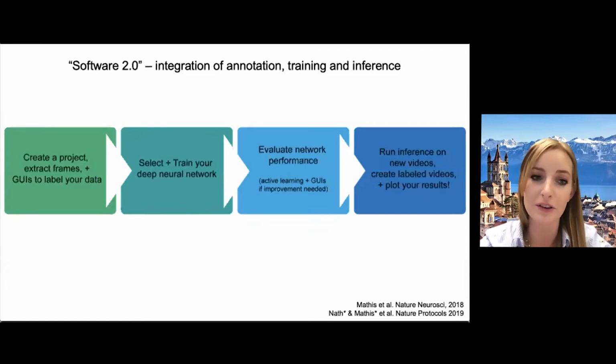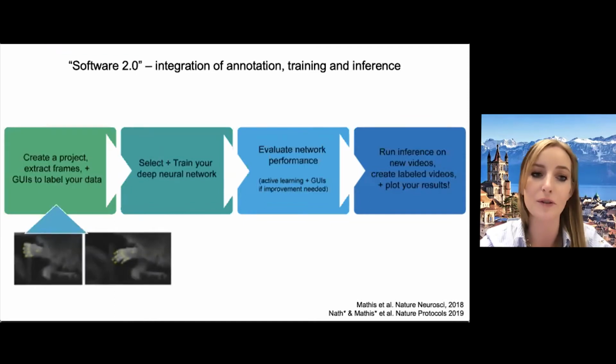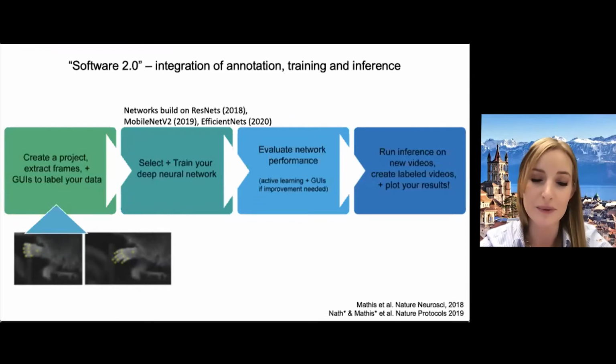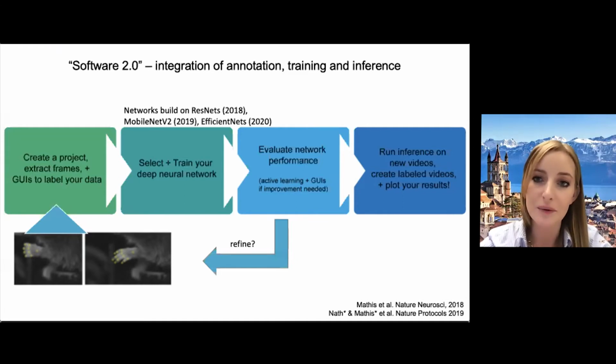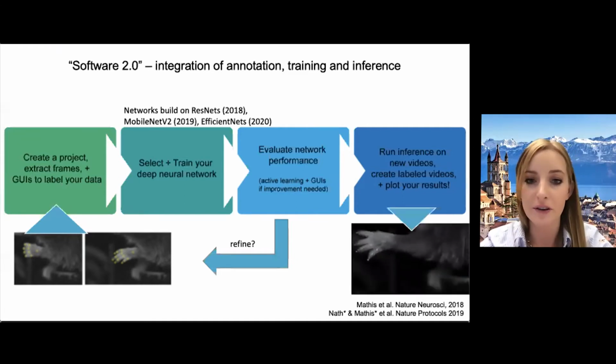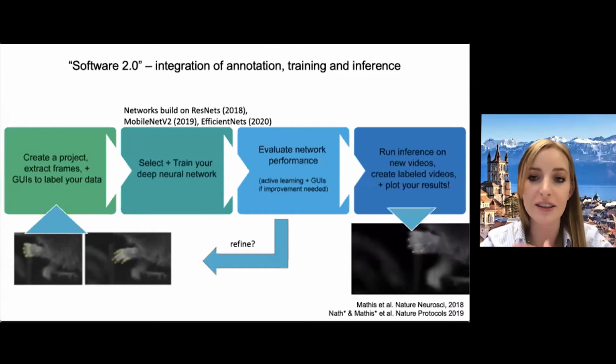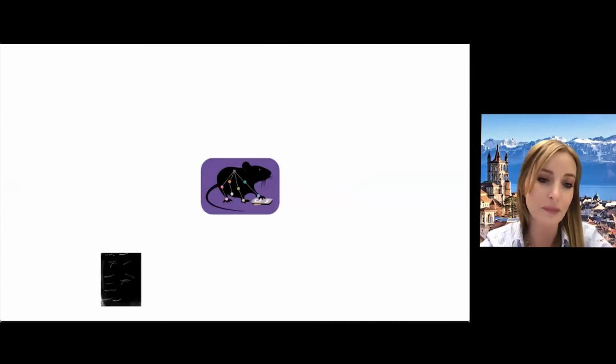So we built graphical user interfaces that allow you from creating a project to our own annotation tools, to selecting different types of neural networks, and we're continuing to build and make these state of the art, all the tools to evaluate and refine these networks if needed, and then running video inference and plotting your data and results so you can take it elsewhere.